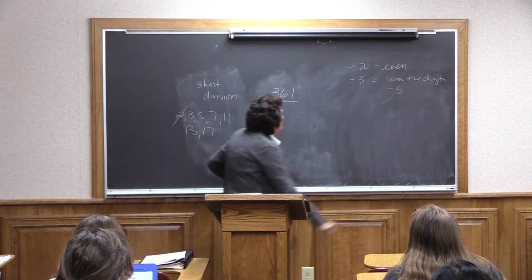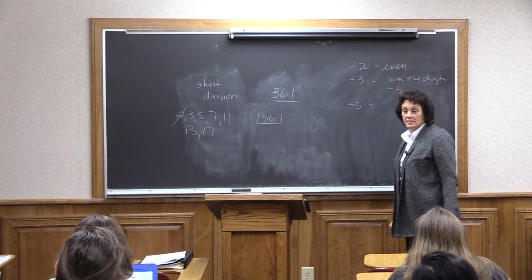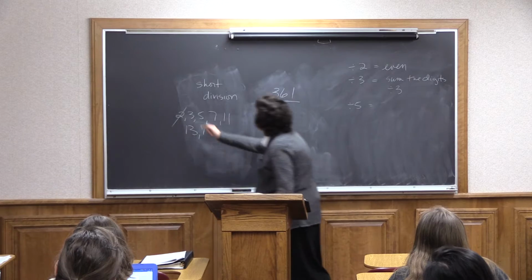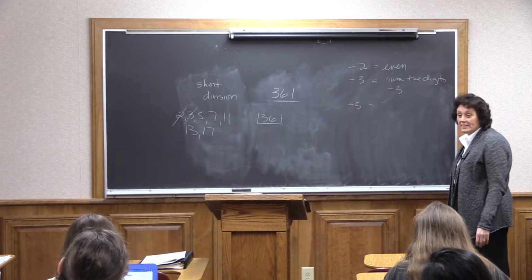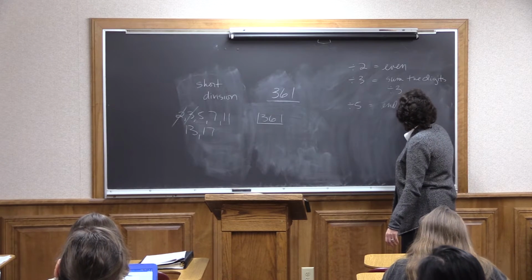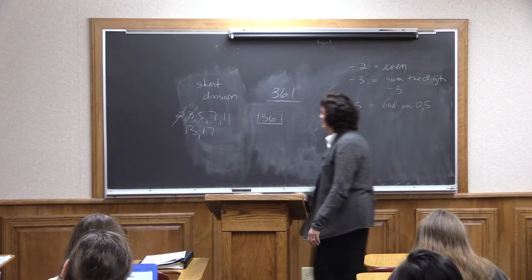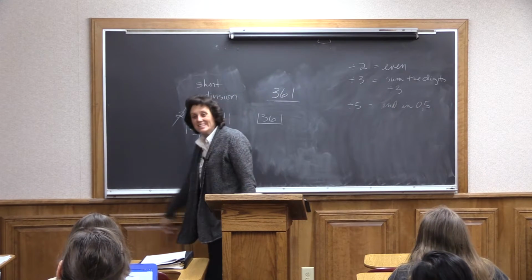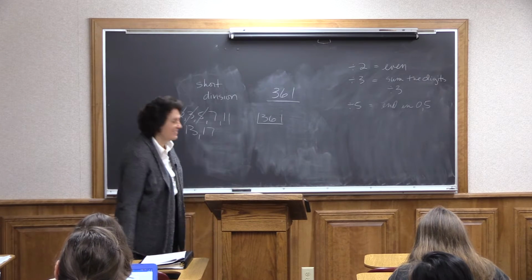Does 5? 3 didn't work. Does 5 divide? What am I going to do for 5? It has to end in a 0 or a 5. No. What about 7? No divisibility rules for 7.